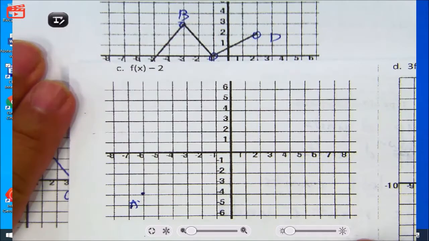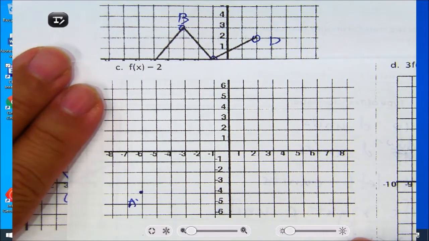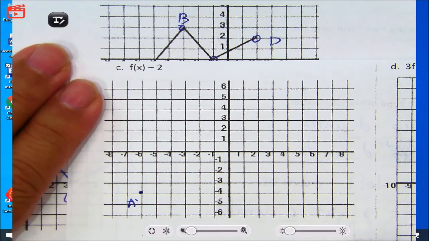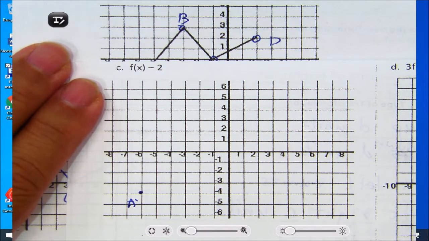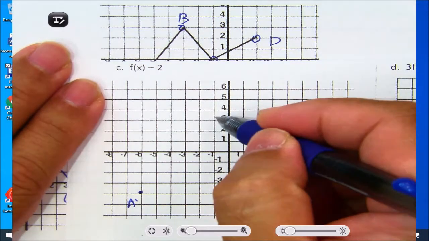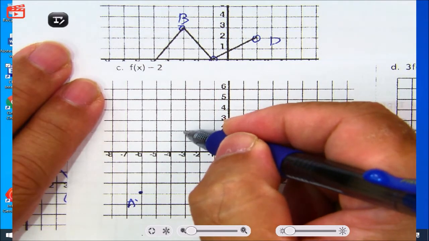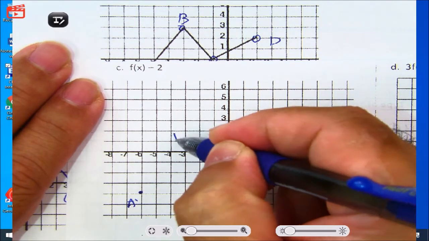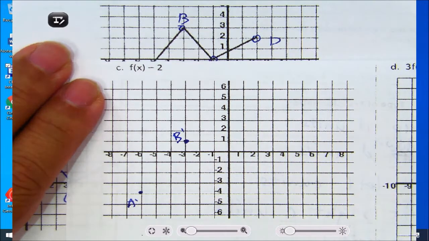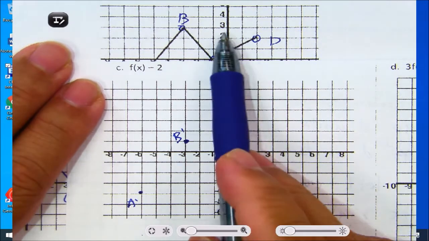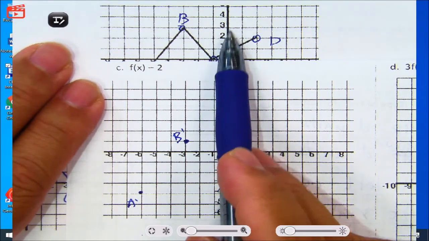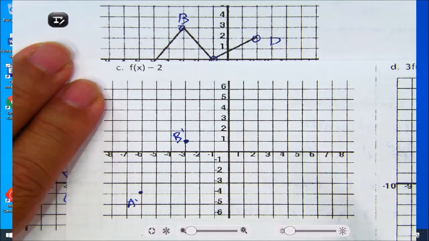All right, and where is B at? B is currently at negative 3, 3. So if I go down 2, where does it end up? Negative 3, 1. So the x value is negative 3, the y value is 1, because the y value was positive 3. Subtract 2, it becomes positive 1.